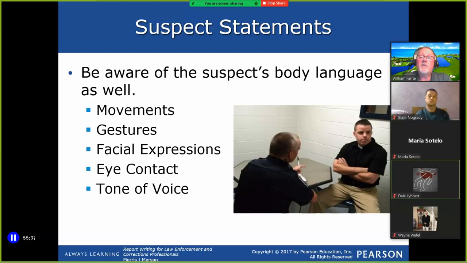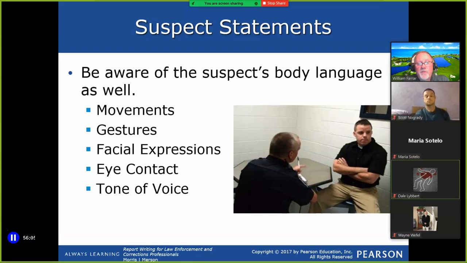So at that point, yes, sweating, wiping their eyebrows, rubbing their face, all those types of things, I would totally document. And the good part is, if your interview room has video, then the jury is going to be able to see all of those things that you documented. So that is important. So yes, a lot of times it is.